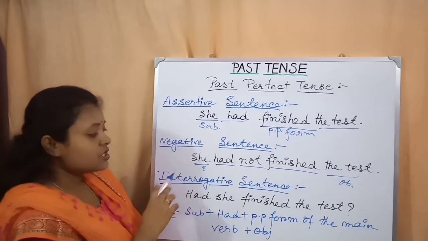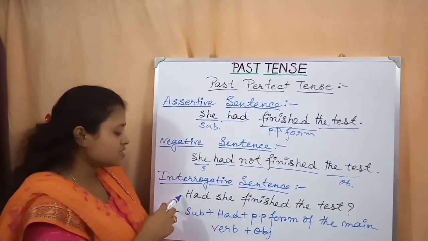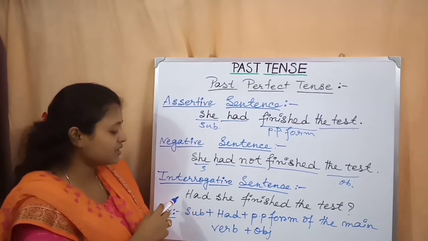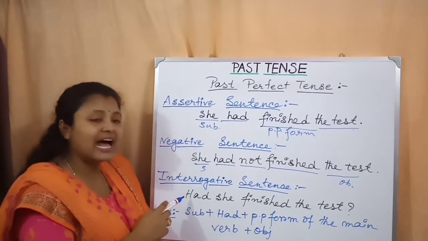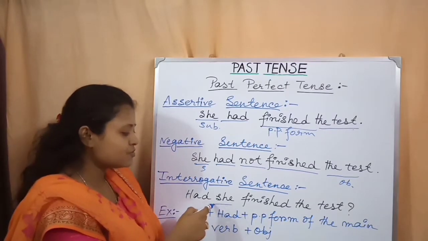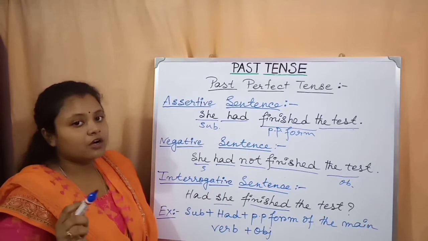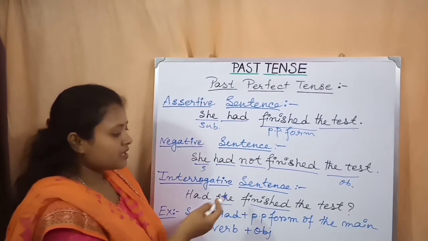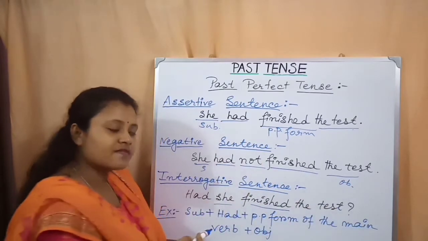So, in interrogative sentence, I told you many a time that you have to start the sentence with the auxiliary verb. So, what is the auxiliary verb over here? Had. After that the subject, then the PP form of the main verb and then the remaining portion of the sentence.